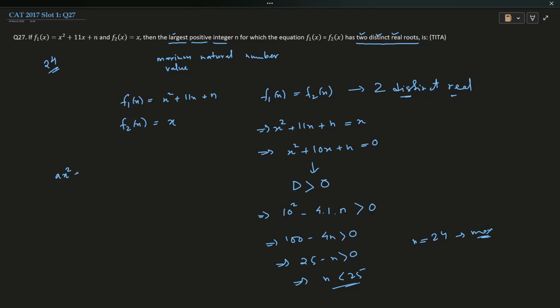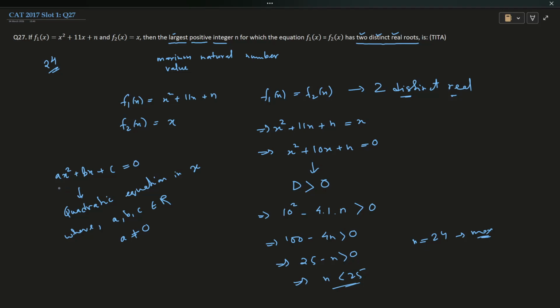So ax square plus bx plus c equal to 0 is a quadratic equation in x, where, very important, a, b, c belong to R, meaning real numbers, and a not equal to 0. This is the standard form of a quadratic equation.